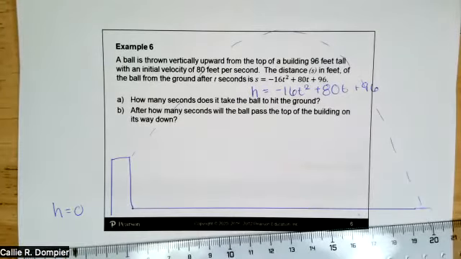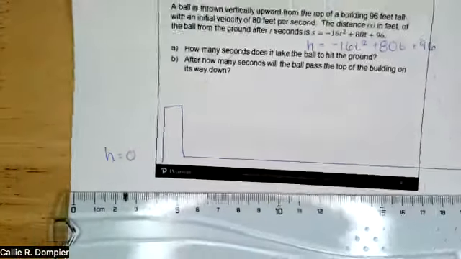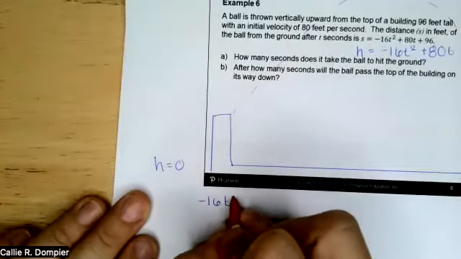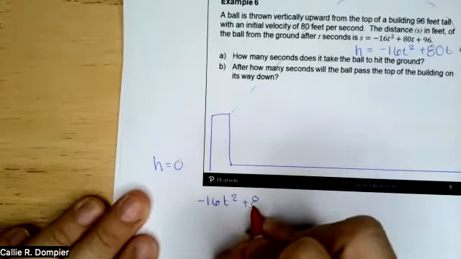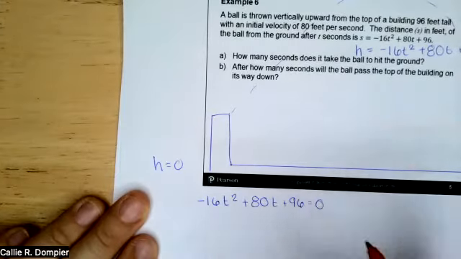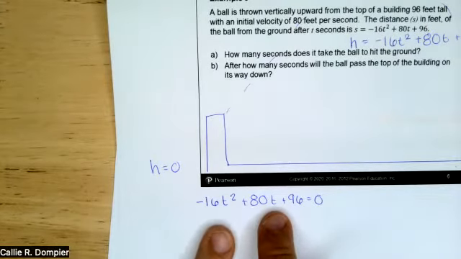The height is 0, right? So what they're asking is negative 16 t squared plus 80t plus 96 equals 0. What is the time, right? In seconds. So you could change those to s's if you wanted.